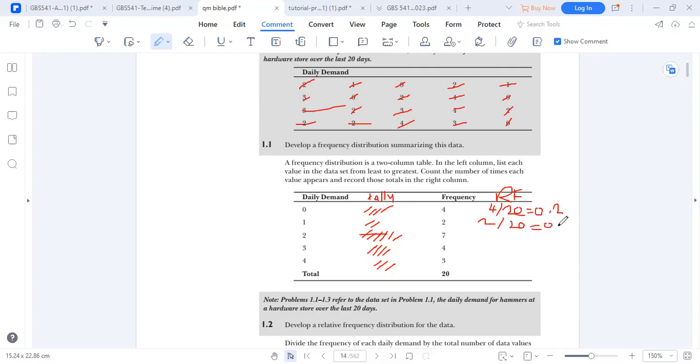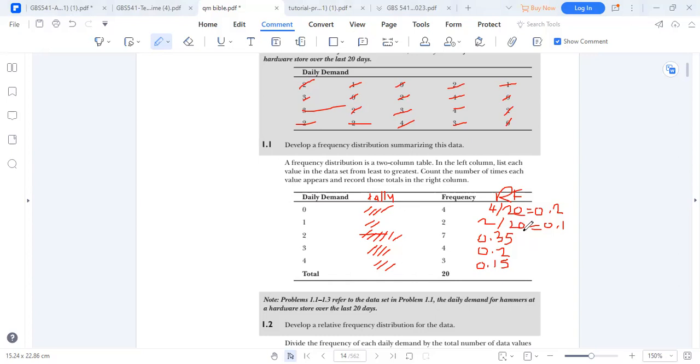The 7 is 7 out of 20, which is 0.35. The 4 is 4 out of 20, 0.2. And the 3 out of 20 is 0.15. Are we together on how to come up with the relative frequency? Yes, we are following.